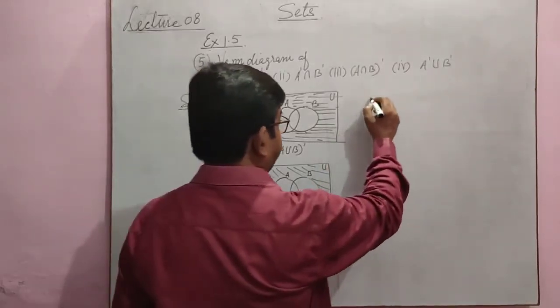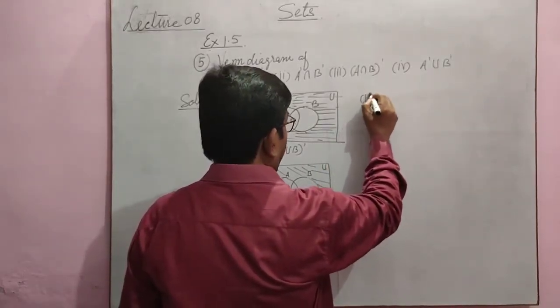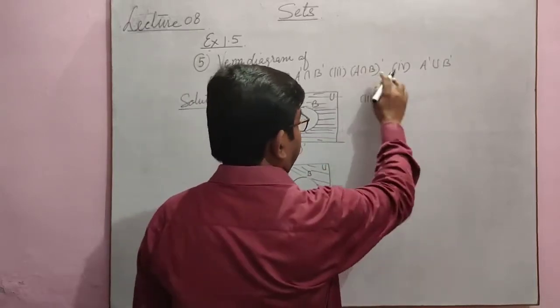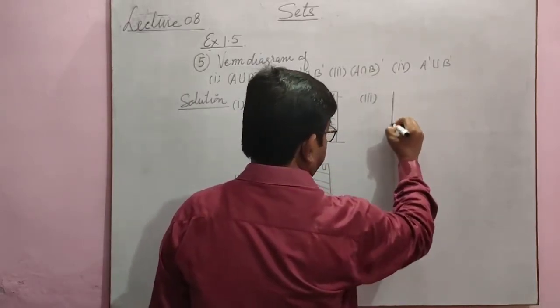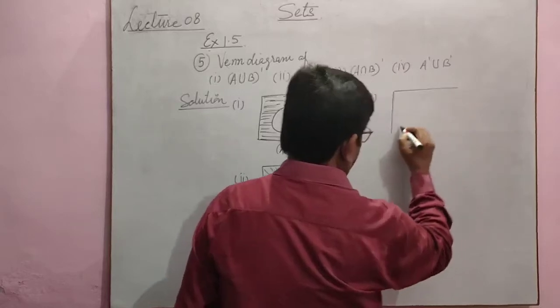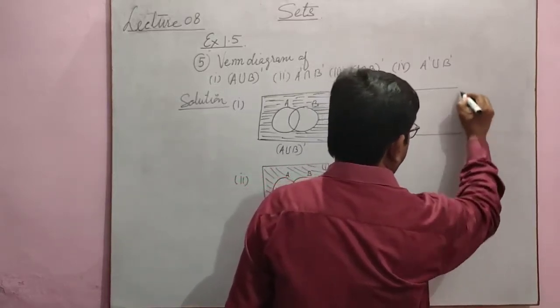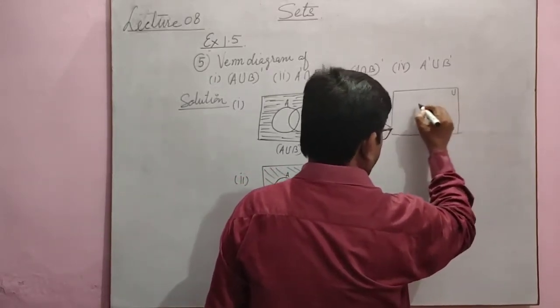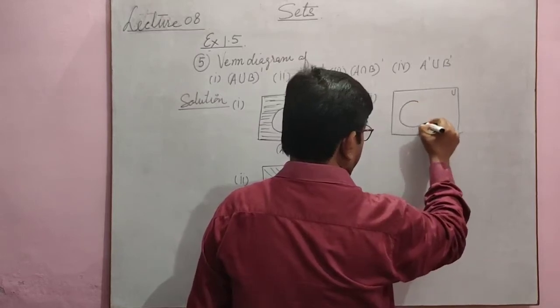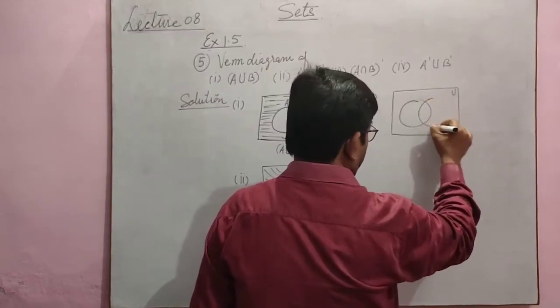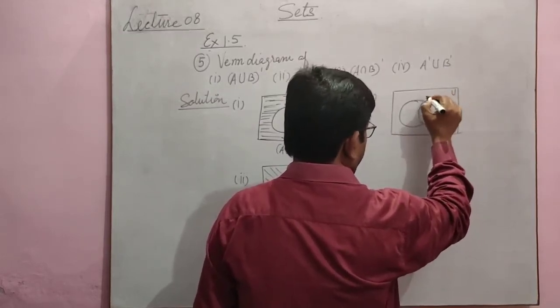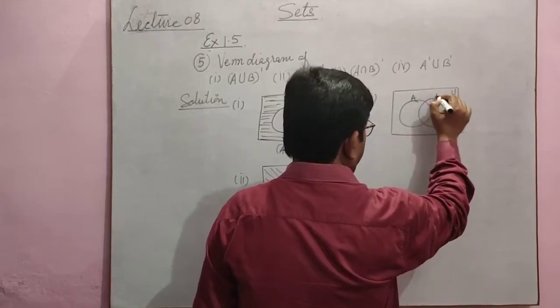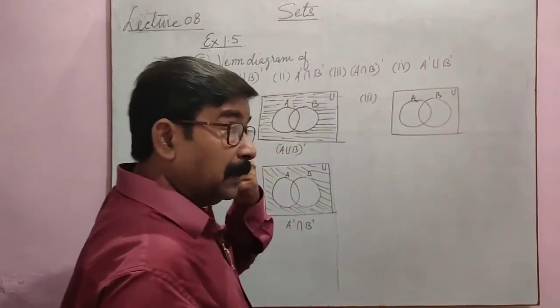Third part. A intersection B. Let's see. This is the universal set. This is set A and this one is set B. Got it?